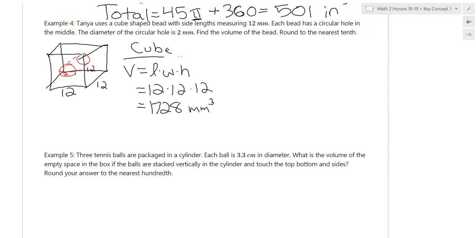Then we have our circular holes, which if I drill all the way through, create a cylinder. Okay. Our volume for a cylinder is pi r squared times height.